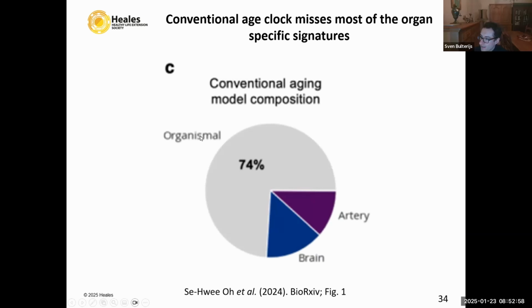So it means that the individual organs themselves are only a slight fraction of that, and most of that is the brain aging and the artery aging. So, for example, heart aging, pancreas aging, lung aging clocks, they are not really in here at all. The aging of these organs are missed by the conventional aging clock, basically.